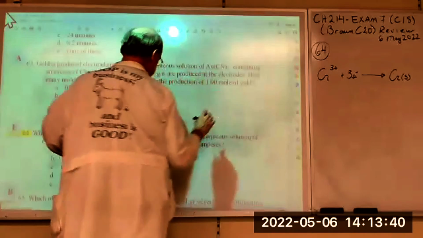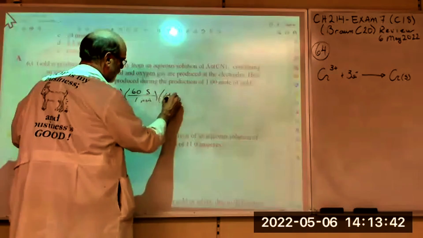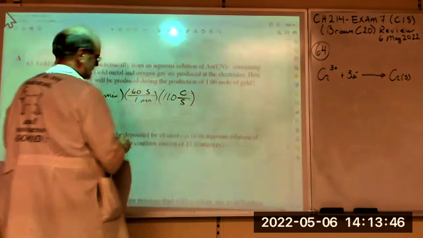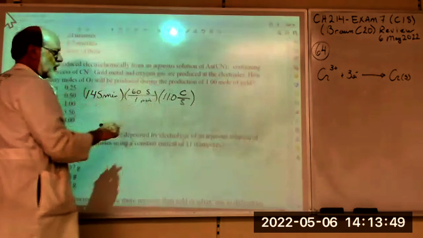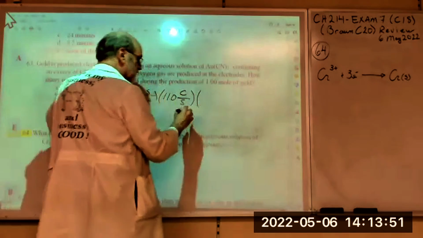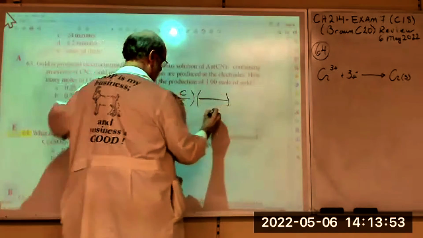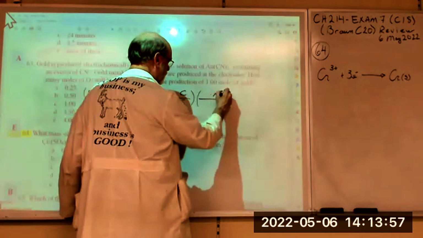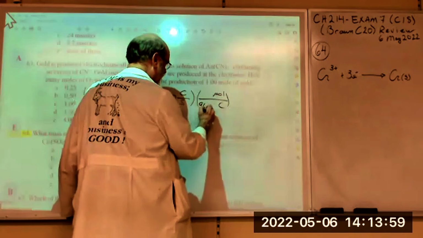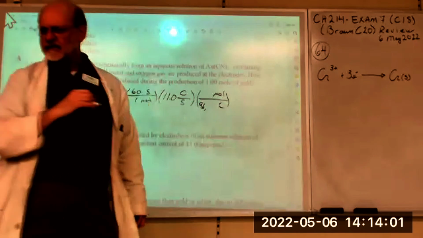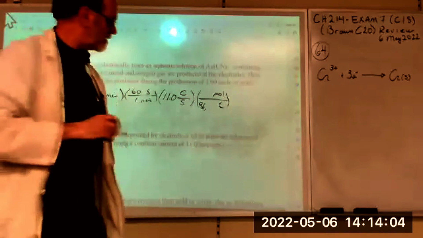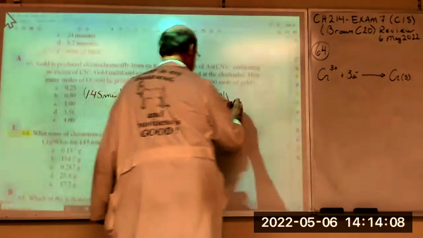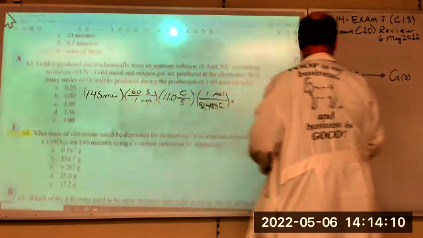Amps, 11.0 amps, 11.0 coulombs per second. That cancels seconds, and these are coulombs. Then we need to convert this to moles of electrons, which would be so many coulombs per mole. 96,485 was it? Here we go. That gives us moles of electrons.